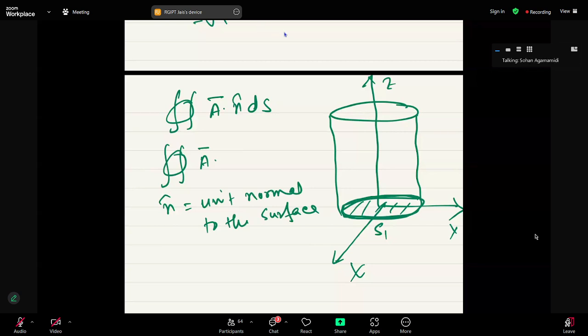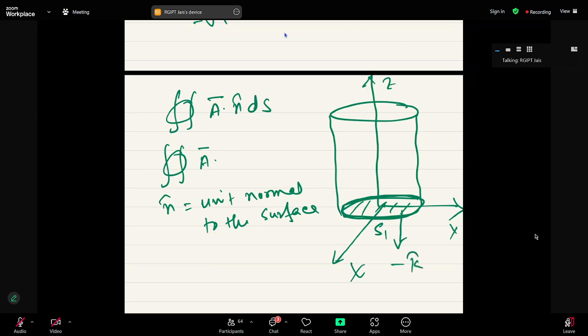You can tell minus k. It is directed towards the minus z axis, right? So this should be minus k cap. So you know the n cap.